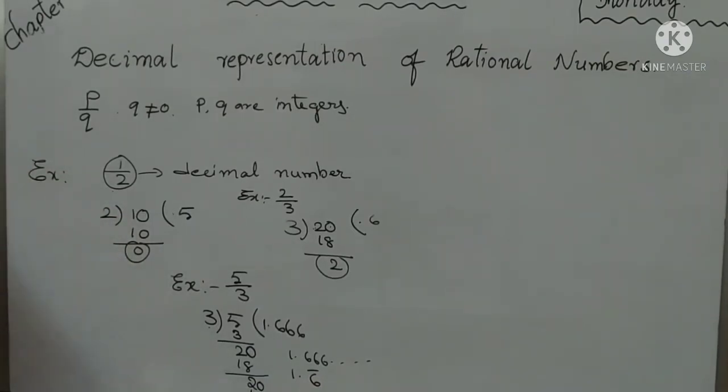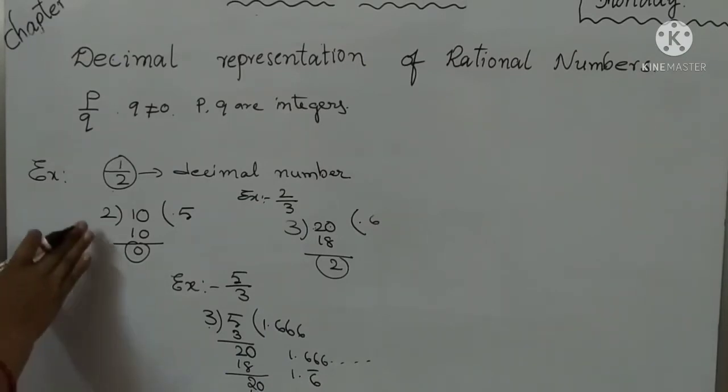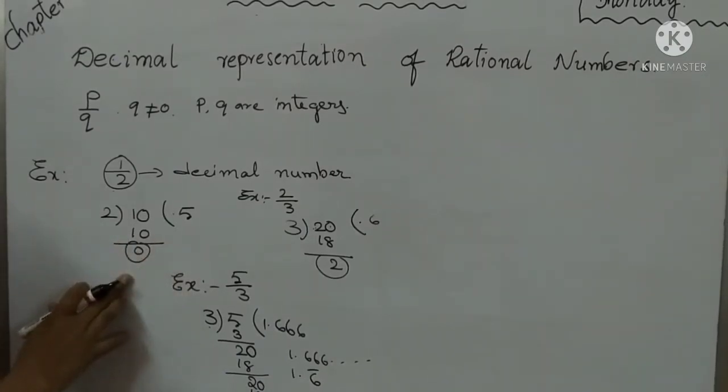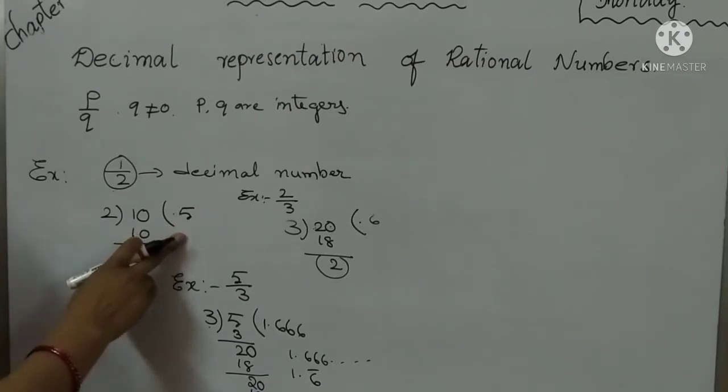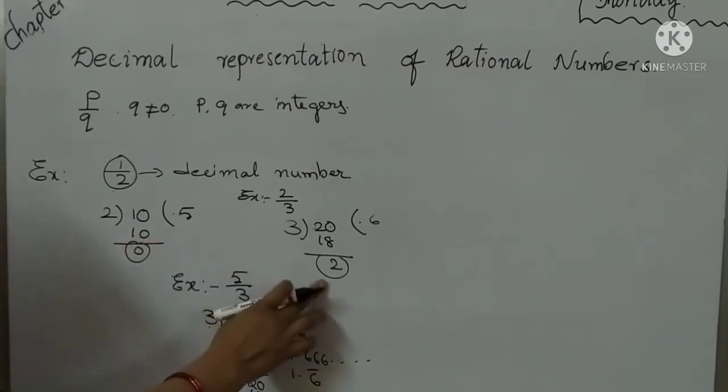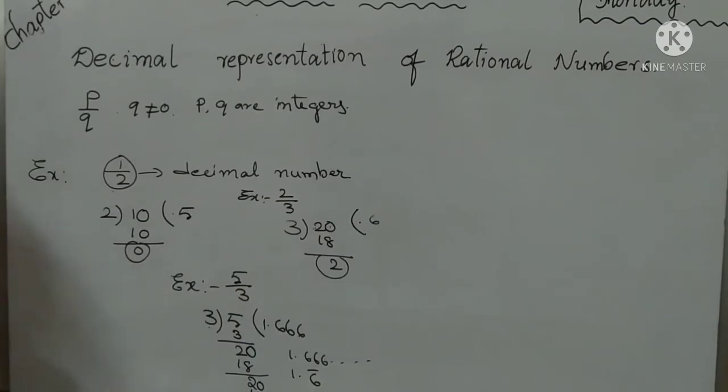It is another example. Observe that 1 by 2 has remainder 0 and quotient 0.5. Here the remainder is 2 and the quotient is 0.6 bar. Understand here?